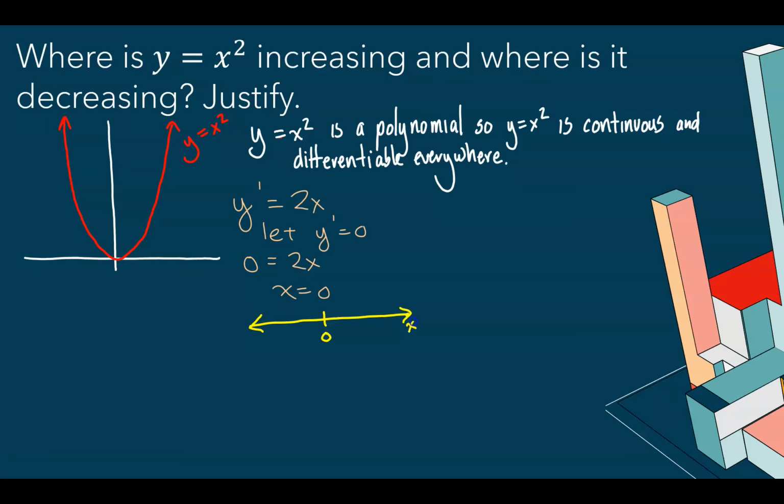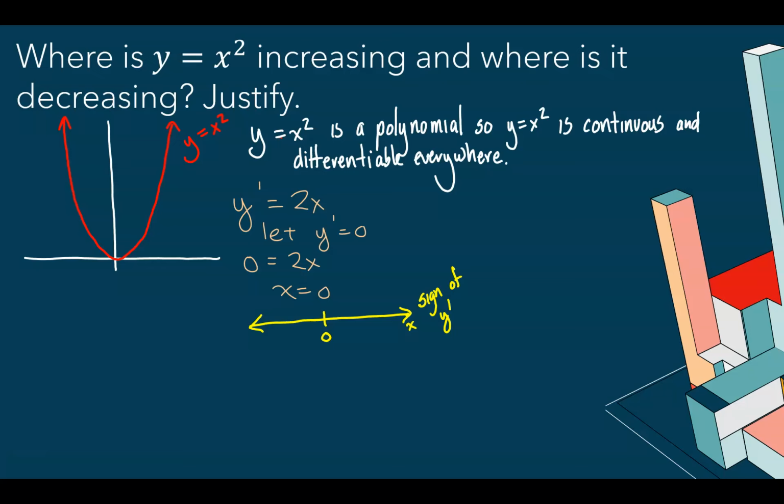We're going to write a little x on the right-hand side saying, hey, these are x value inputs. And we're going to label our sign chart. In this case, we're going to call it the sign of y prime. You need to label everything, but also later on you'll make sign charts for second derivatives. Anyways, it's in the name. All we need to do is find the sign of y prime.